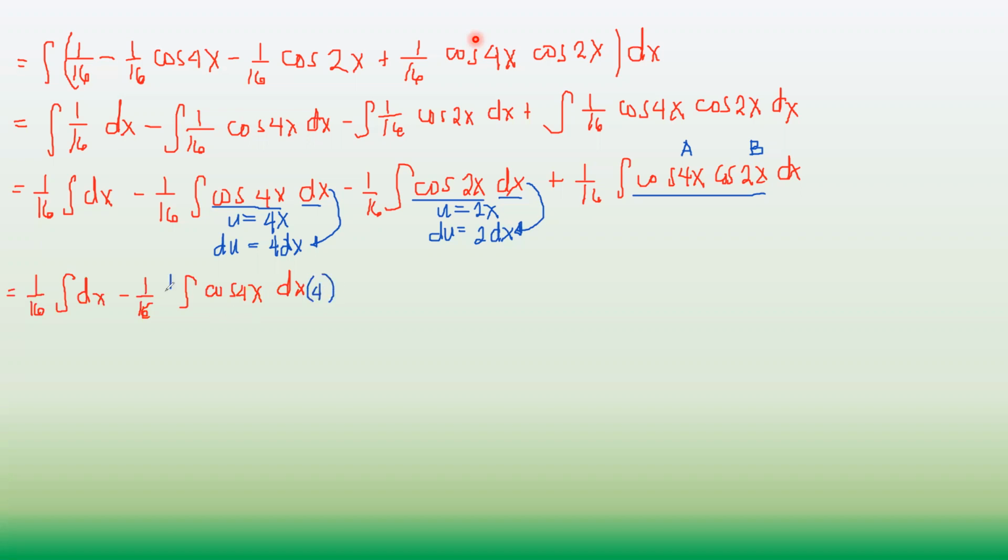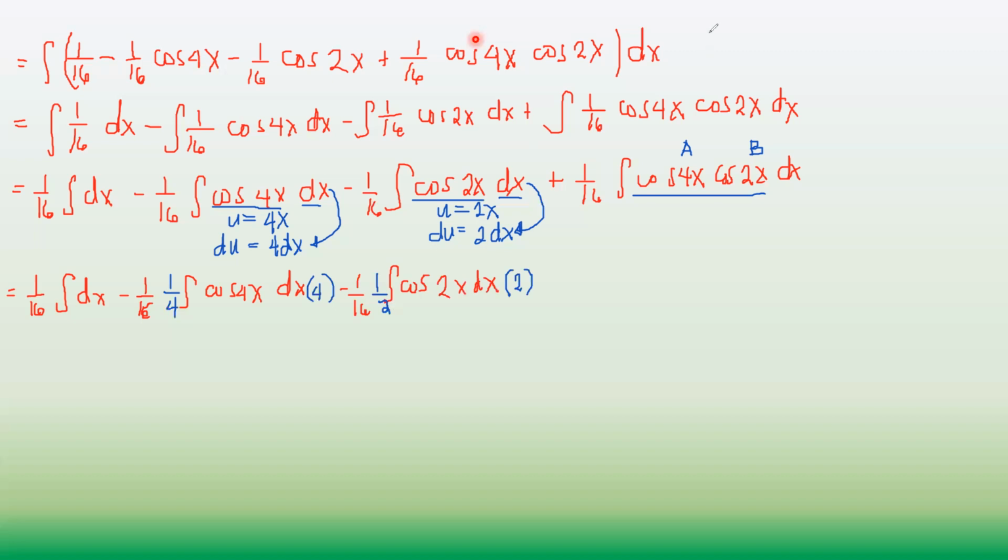Labas tayo ng reciprocal, 1/4. Okay. Minus 1/16 integral of cosine 2x dx. So again, from our differentiation, dapat ang du ay 2dx. So, dx lang meron tayo. Kaya multiply mo siya ng 2. Labas naman tayo ng reciprocal ng 2 which is 1/2.